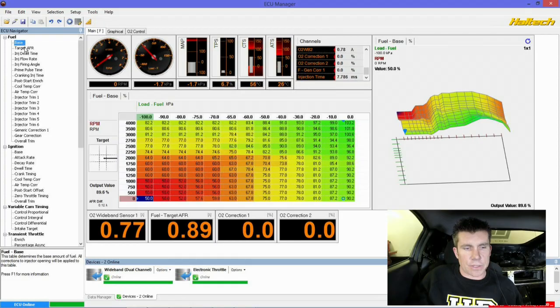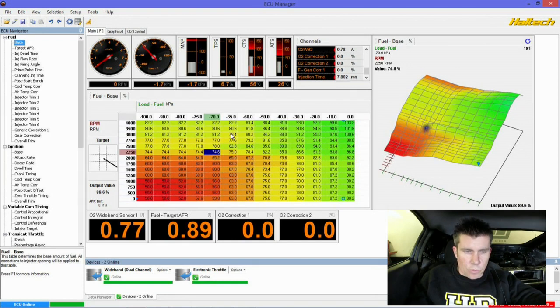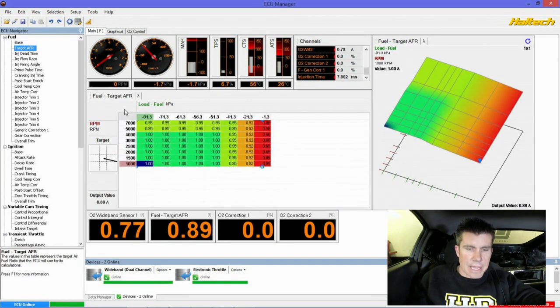You can see all of the fuel parameters or tables that are available for our fueling, and most of our tuning, this is being run at the moment in VE mode, so most of our tuning is done between this base fuel table, which is our volumetric efficiency fuel table, and we also use our target AFR fuel table as well.